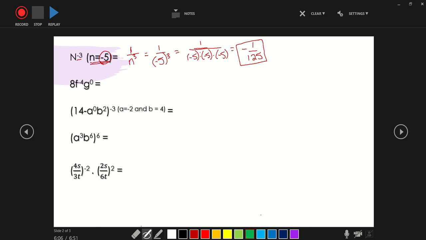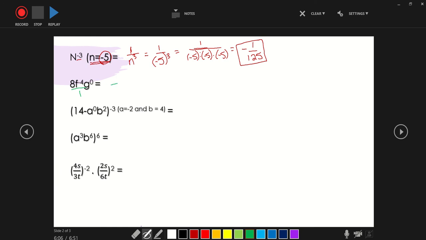So now I'm going to go down and switch colors here to do this one. We have 8 times f to the -4th times g to the 0 power. Now remember that this is like a big fraction. Anytime you see anything, it's always over 1.